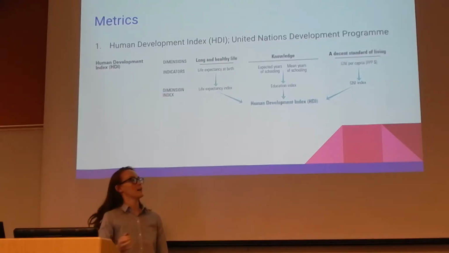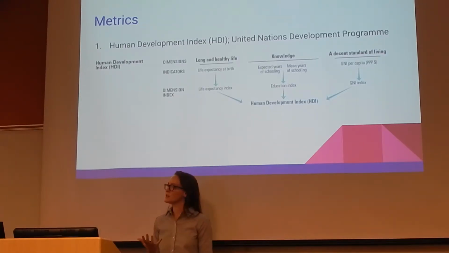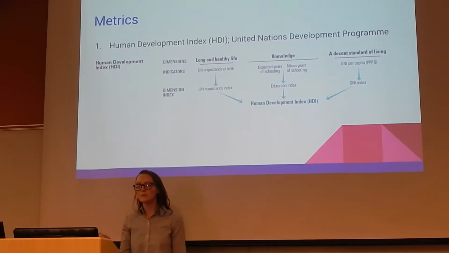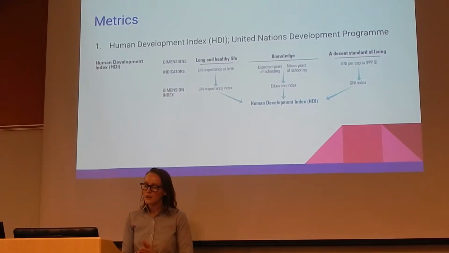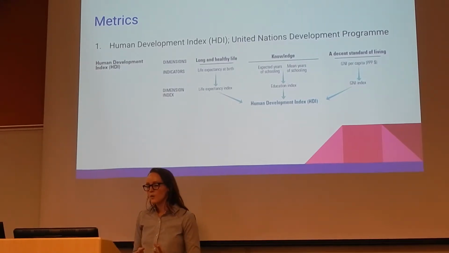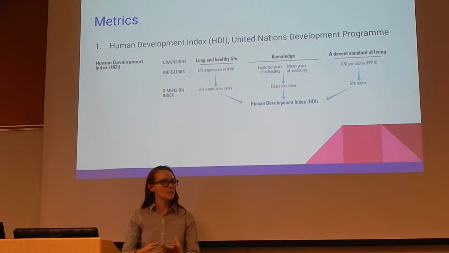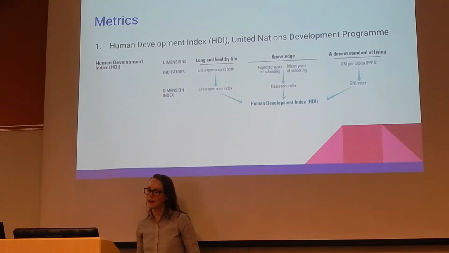So I combined 5 different metrics to study this. The first one I have is the Human Development Index, and that's from the United Nations Development Program. It essentially studies how developed a country is in terms of what access to resources humans in that country have.